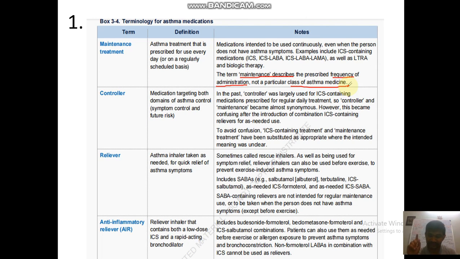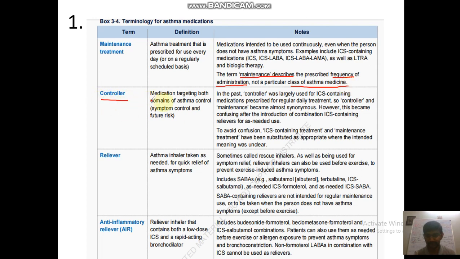Which means it is irrespective of whatever class you use. If you use ICS, LABA, SABA, anything, that is not included in maintenance. It's mainly the frequency of administration.